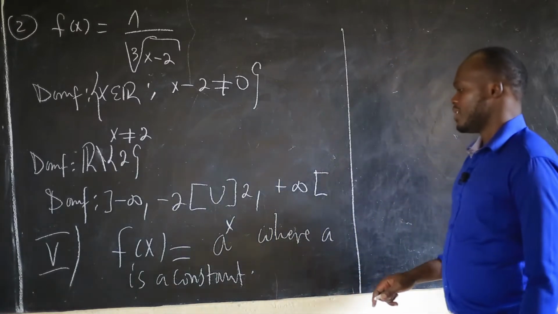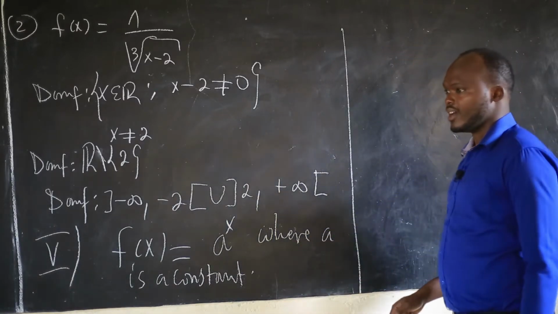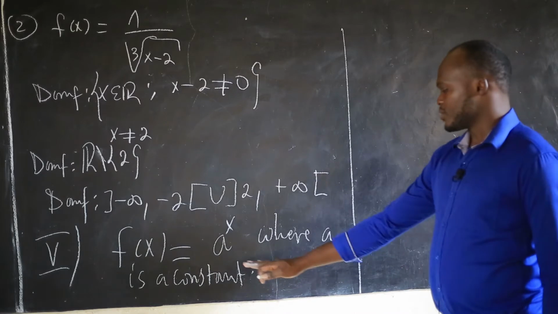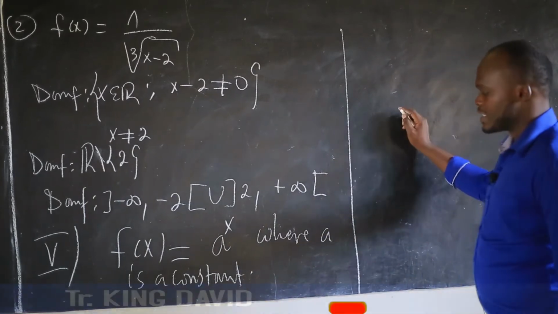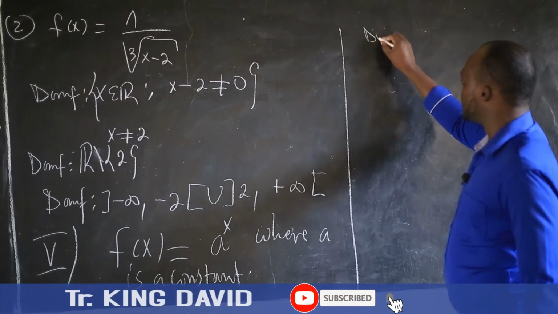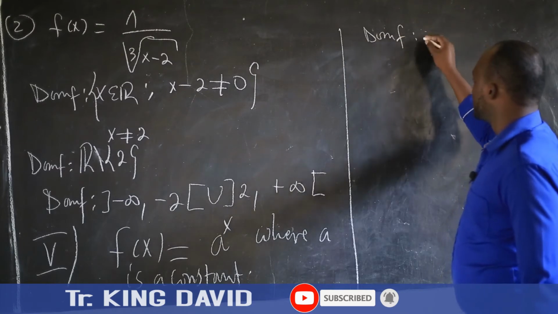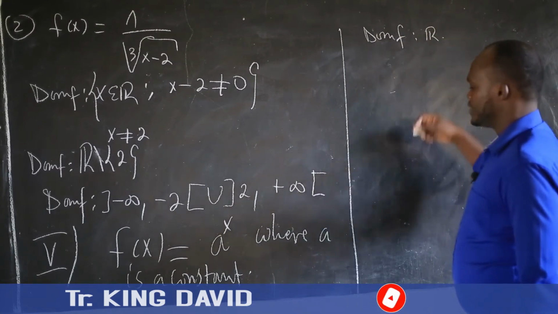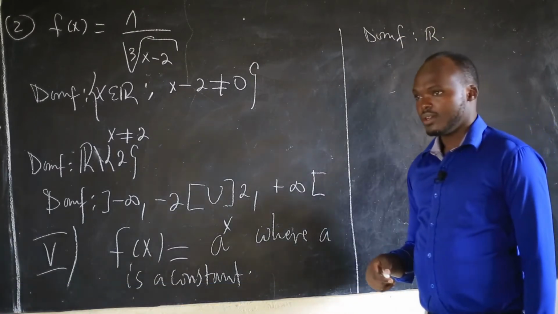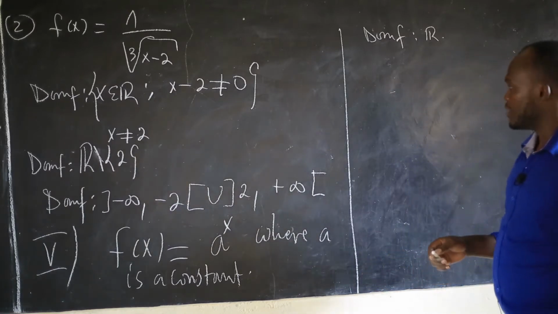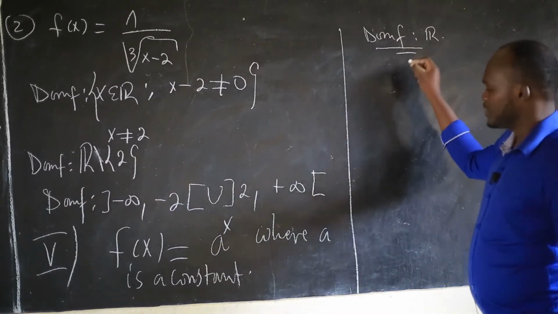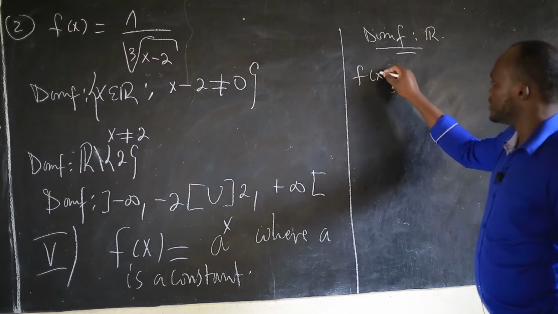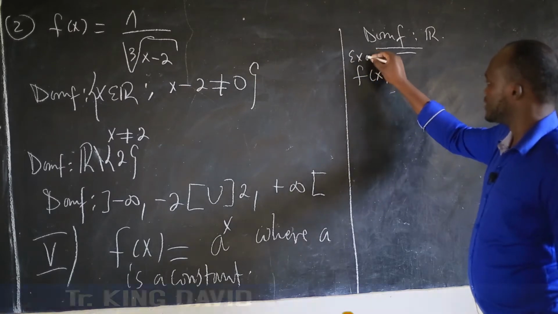So for f of x equal to a power x, which is an exponential function, the domain is real numbers. There's no condition there. Let us see examples.